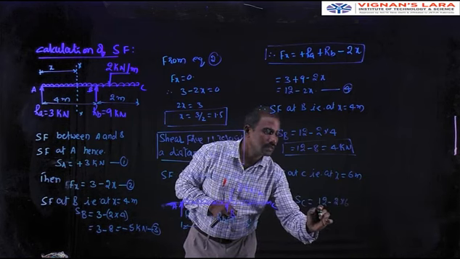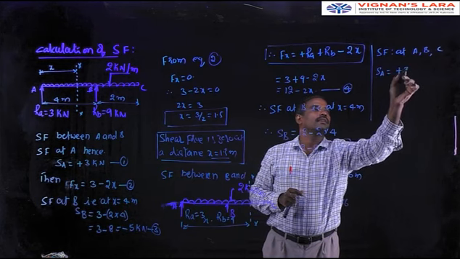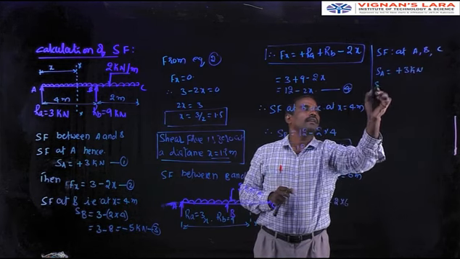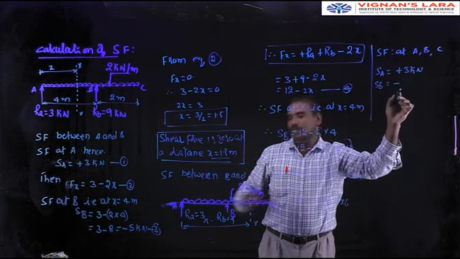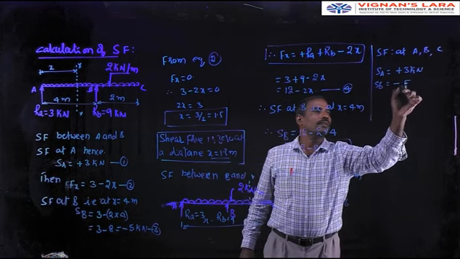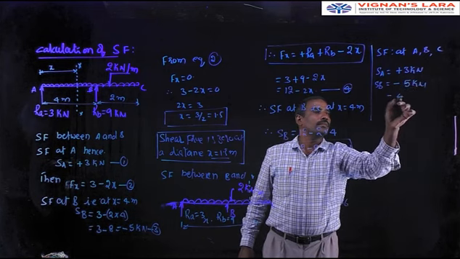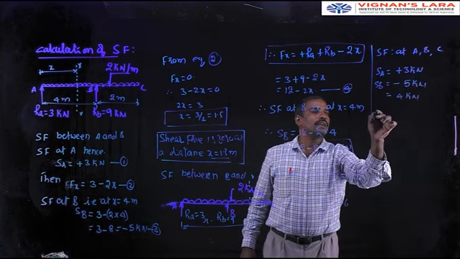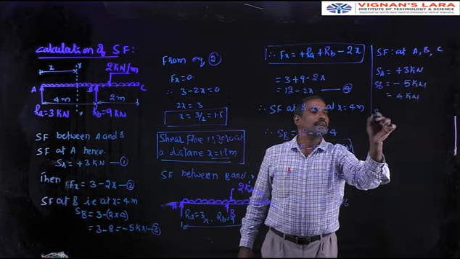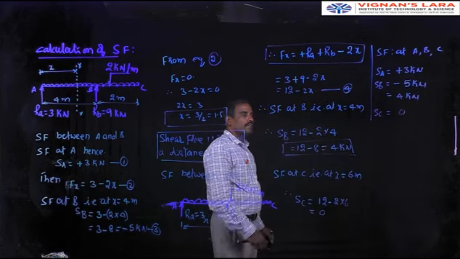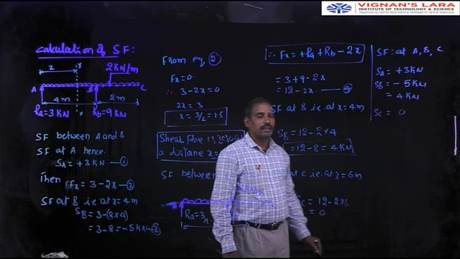So the shear force values at the salient points A, B and C: SA is equal to plus 3 kilonewtons, SB is equal to minus 5 kilonewtons and plus 4 kilonewtons, and SC is equal to 0.